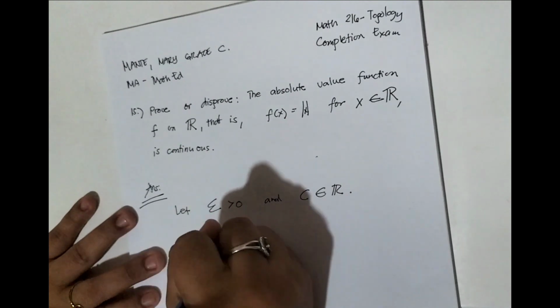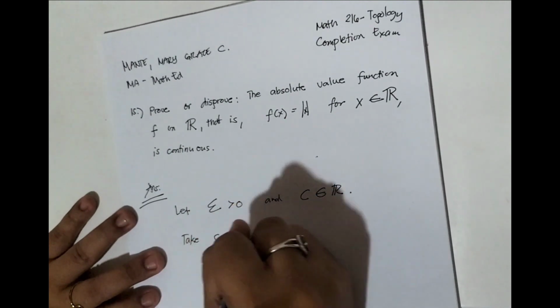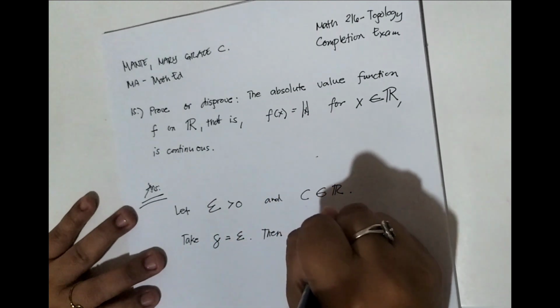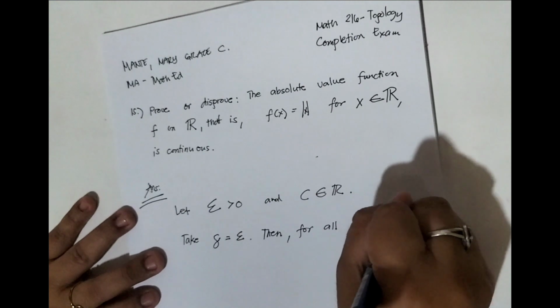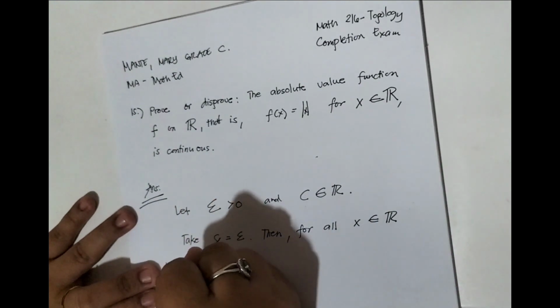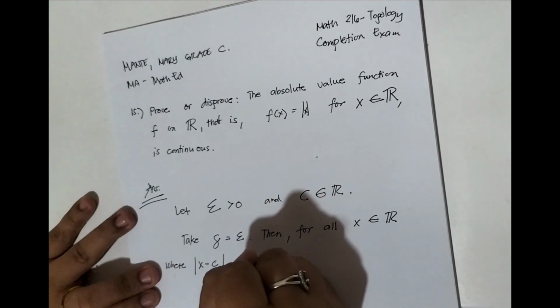So take δ equal to ε, then for all x an element of the real numbers where |x − c| is less than δ.